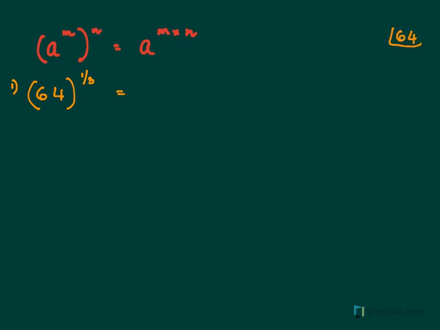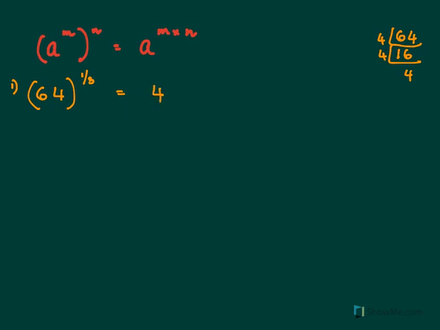For the third law, a raised to m raised to n, so it will be a raised to m into n. For the first sum, 64 raised to 1 by 3. Now if we do short division of 64, 4 will be 16, this is 4 and 4.